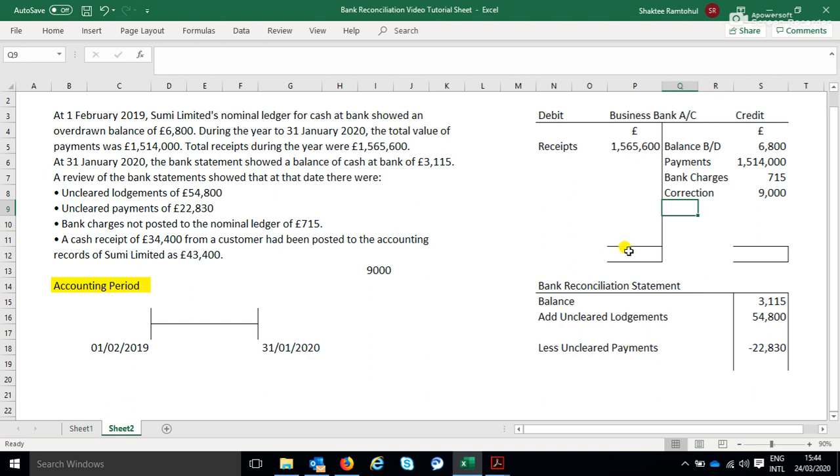Now let's see if we try to balance off the account, what is the final balance? We can clearly see that the debit balance would be higher here, 1,565,600. What is our balance carried down? It equals this balance minus everything on the credit side.